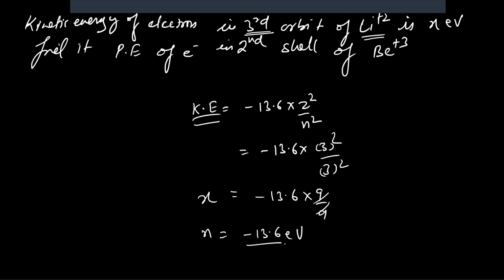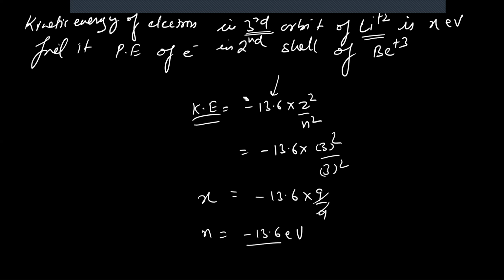Got it? Yes, sir. Now find the potential energy. Now you know that potential energy is twice of this one, but with a positive, sorry. Here we don't have a minus sign in the kinetic energy. Actually, we arbitrarily choose this, since the kinetic energy of the electron being given to you is minus 13.6.